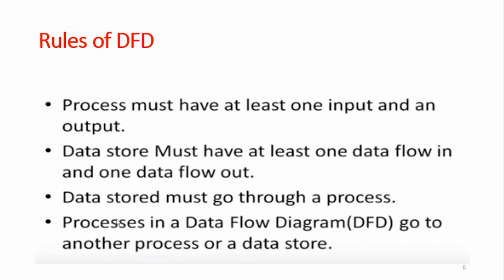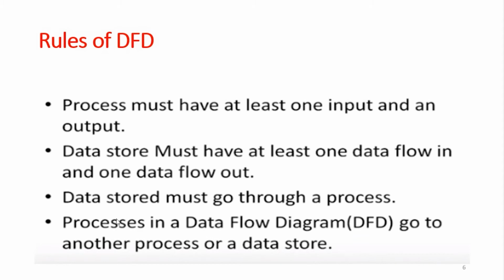And there are certain rules of DFD: a process must have at least one input and output. A data store must have at least one data flow in and one data flow out. Data stores must go through a process, and processes in a data flow diagram go to another process or a data store.